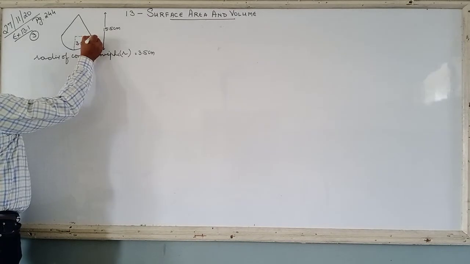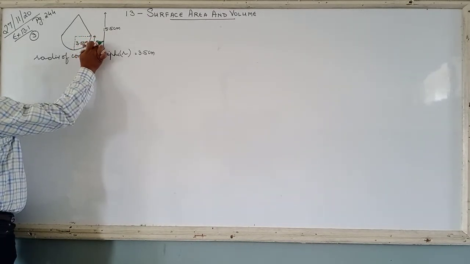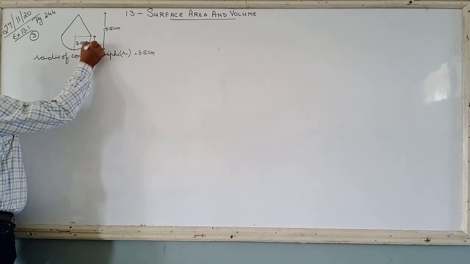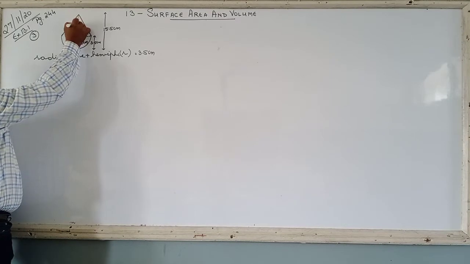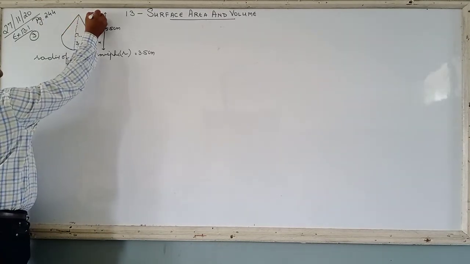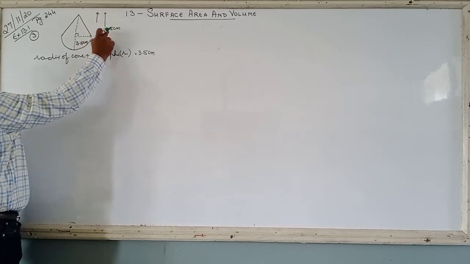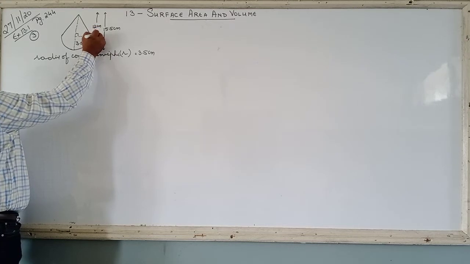From this 15.5, is this the radius of this hemisphere? That is 3.5 centimeter. So you can see this is the height of the cone. So the height of the cone coming out will be 15.5 minus 3.5, that is 12 centimeter. Yes or no?